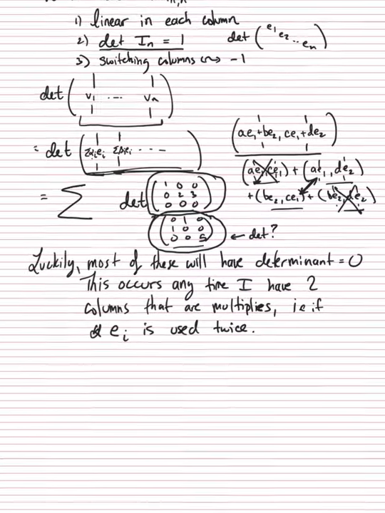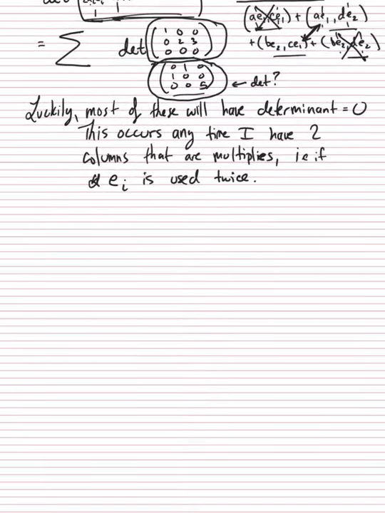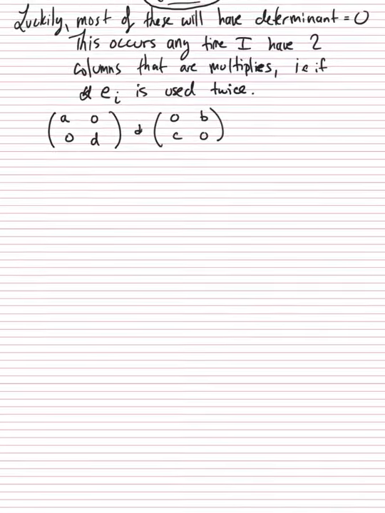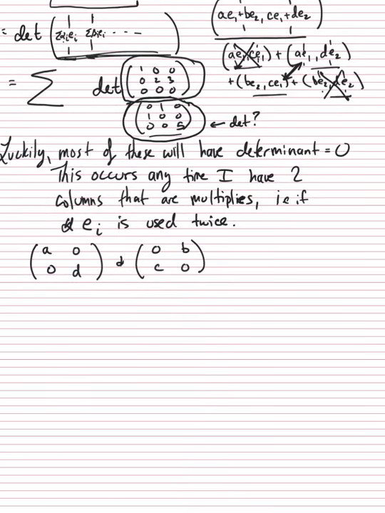Okay, so how do you do this now? Well, again, in the 2 by 2 case, you now have two matrices to worry about. You have to work out what the determinant is of the matrix with A and D on the diagonal, and the matrix with B and C on the off-diagonal. So these were the two matrices of this form that come into the calculation.